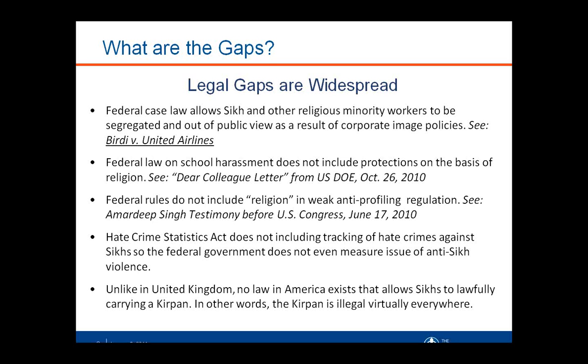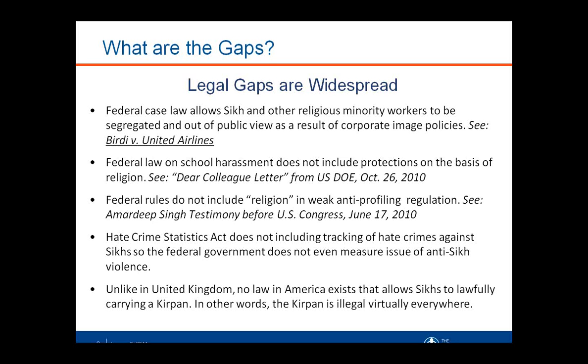Though we know that Sikhs suffer hate crimes significantly, and have in the past and could in the future when there are terrorist attacks that lead to these types of hate crimes, there's no federal law requiring any tracking of hate crimes against Sikhs in particular. And so the federal government doesn't even have a way of measuring whether anti-Sikh violence, or violence that affects Sikhs, is an issue.